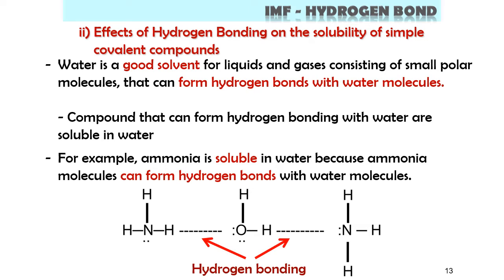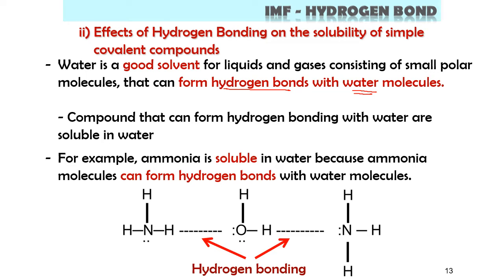Next, the effect of hydrogen bonding on solubility. Okay, water, you know that it is a good solvent for liquids, gases and so on because it can form hydrogen bond. Okay, anything that can form hydrogen bond with a water molecule means that molecule or compound is soluble in water. It means it can dissolve in water.